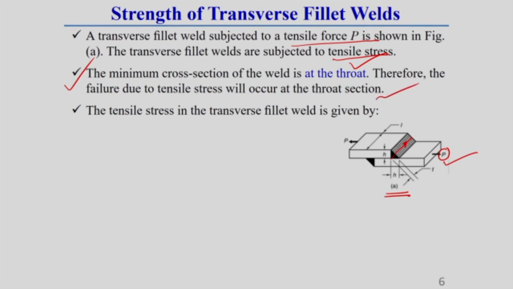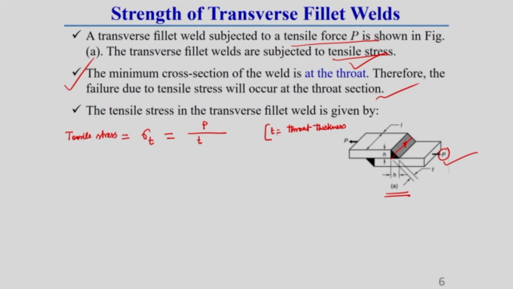So, the tensile stress at the throat, which I represent as sigma t, for a single fillet weld is P divided by T, where T is the throat thickness.